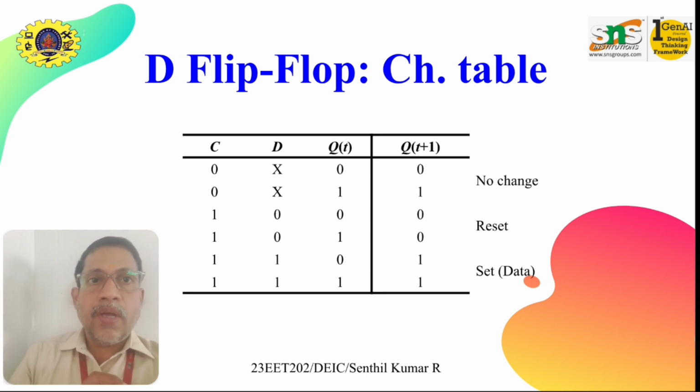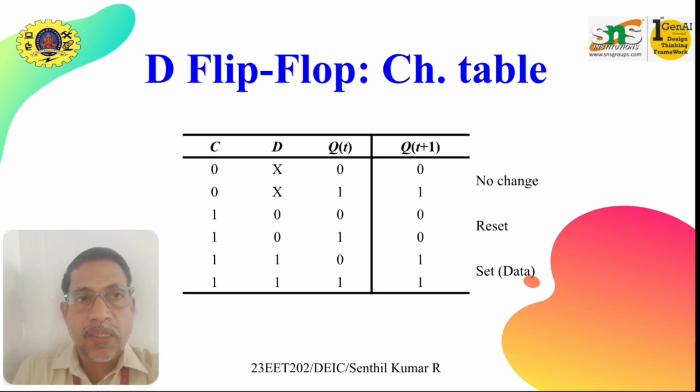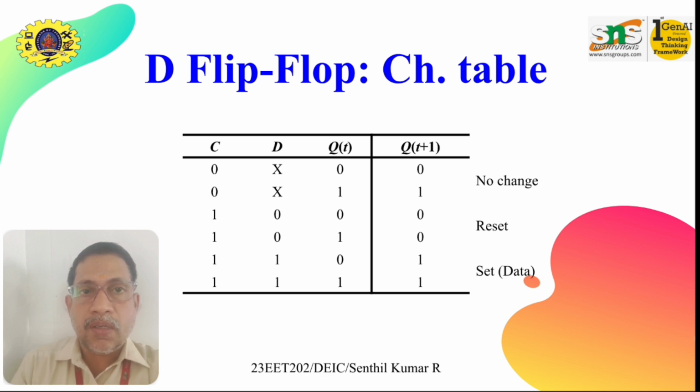Whereas when D is 0 and the clock is enabled, see the third and fourth lines in the characteristics table. Whatever the assumed value may be, when D is 0, reset is 1. As for the SR latch or SR flip-flop, reset is 1 means that the next state or the output Qn plus 1 is 0.